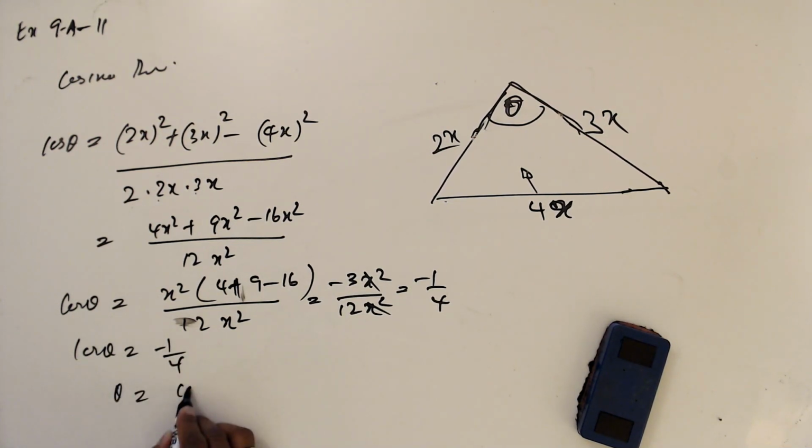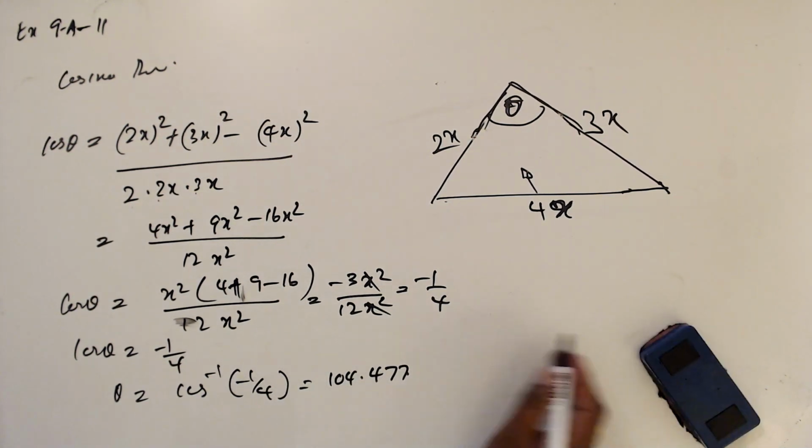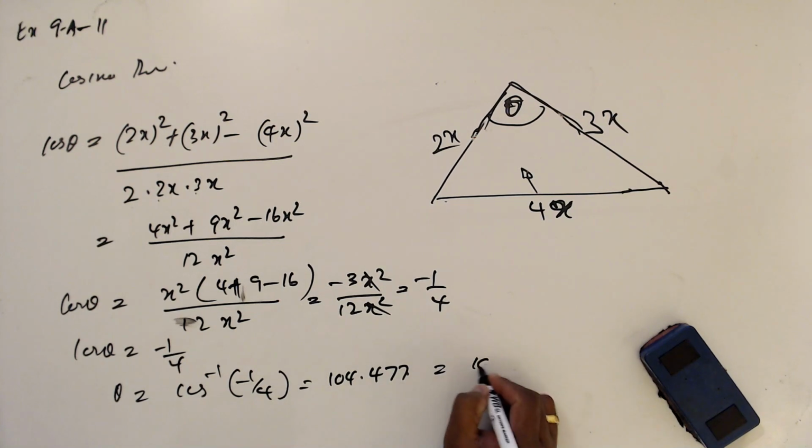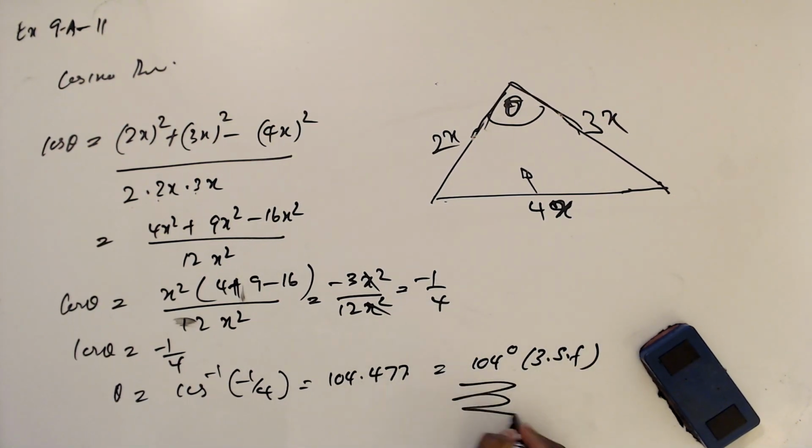Then theta equals cos inverse of minus 1 over 4, which is 104 degrees to 3 significant figures.